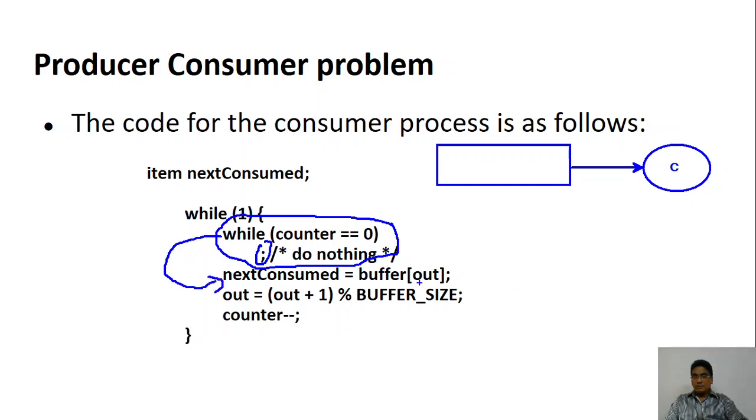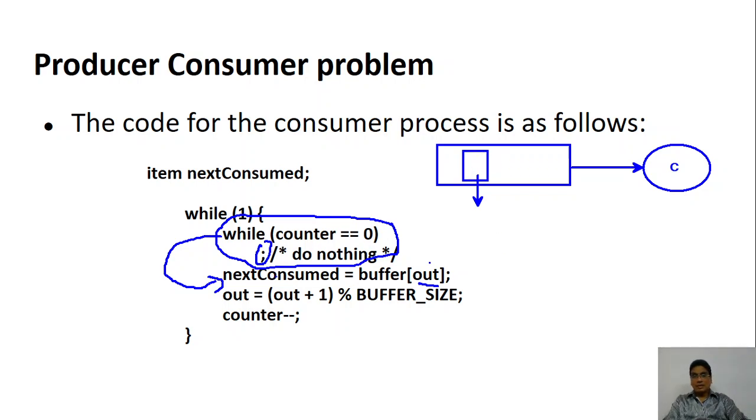Wherever out is pointing, I told you there are two pointers. One is the in pointer, the other one is the out pointer. The in pointer points to a location where the next item has to be placed. The out pointer points to a location from which the next item has to be consumed. So it goes to the out pointer, and wherever that out pointer is pointing, it is going to consume that item.